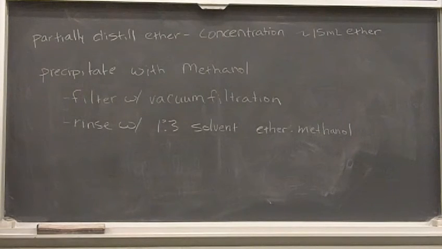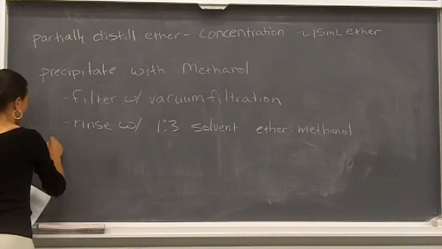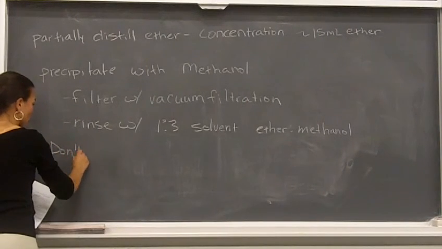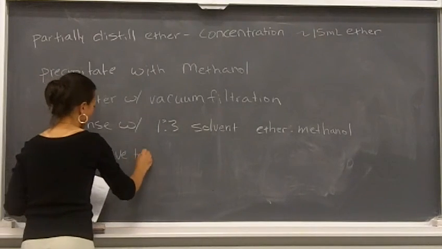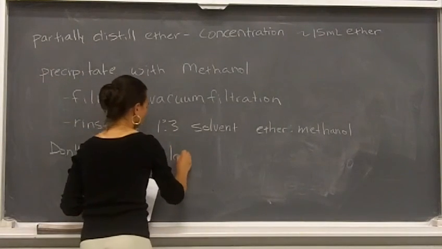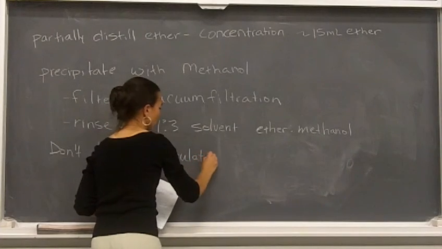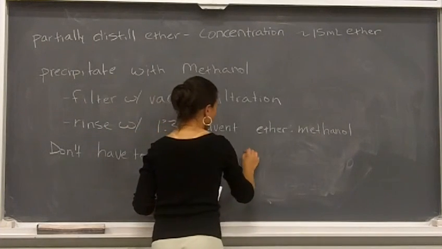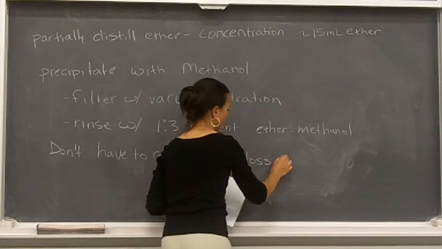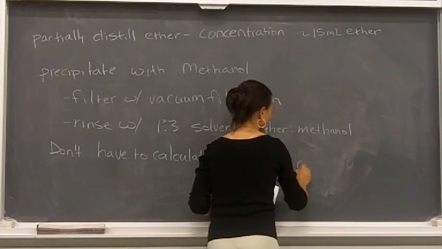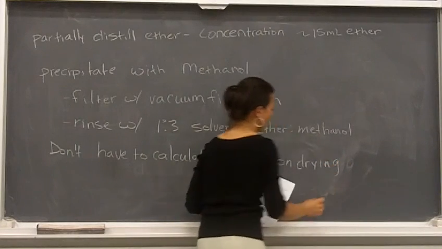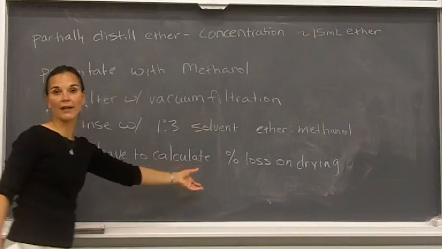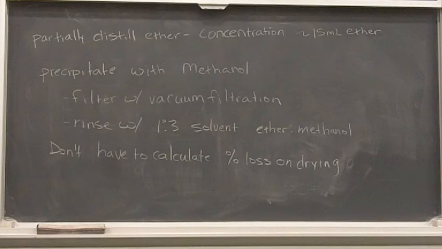So since we're drying in between, one thing we don't have to calculate, and your lab manual will tell you you need to do this, but we don't have to calculate the percent loss on drying. And what we would be calculating is the percent of solvent loss after we let it dry over time.